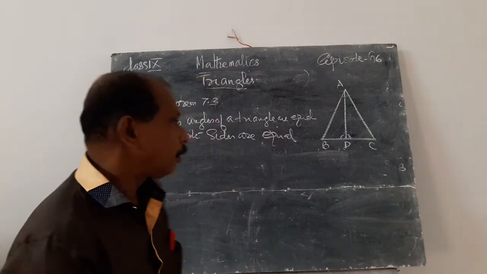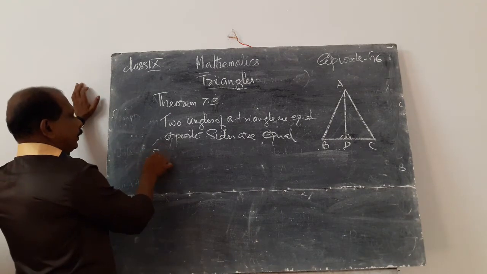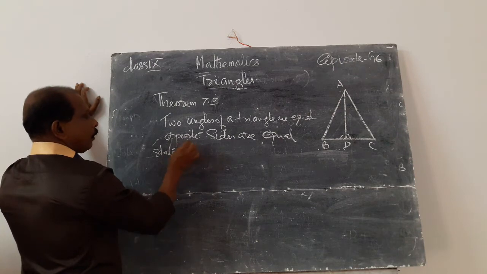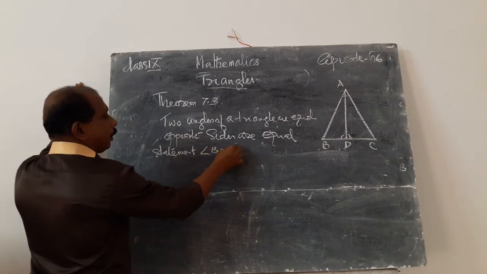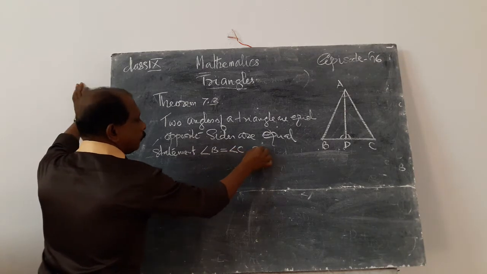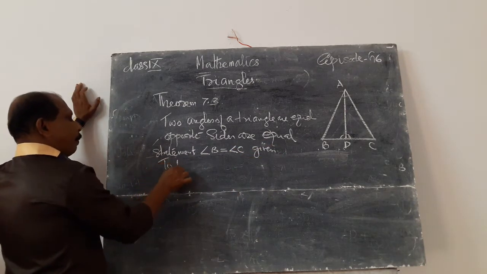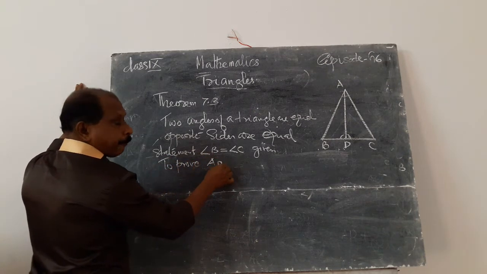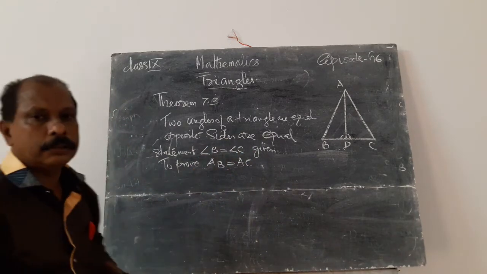That is the case. Therefore, the statement is: angle B is equal to angle C, that is given. What do we prove? AB is equal to AC. That is, we can prove the result.